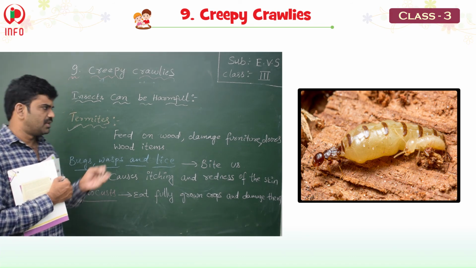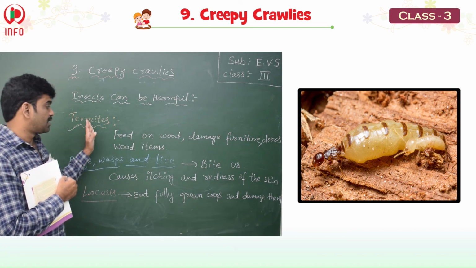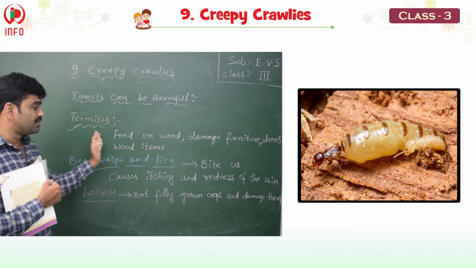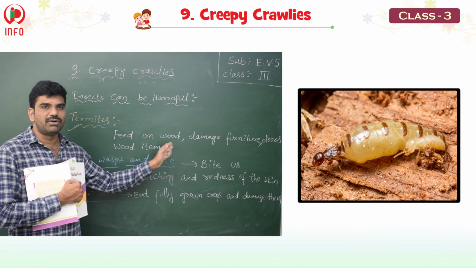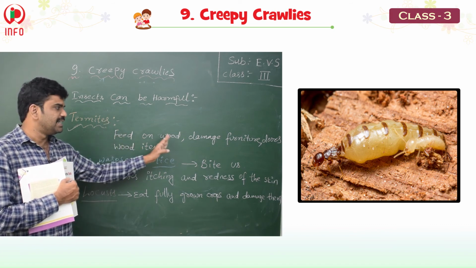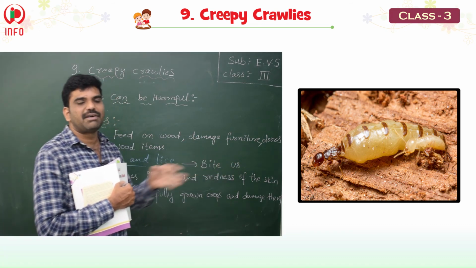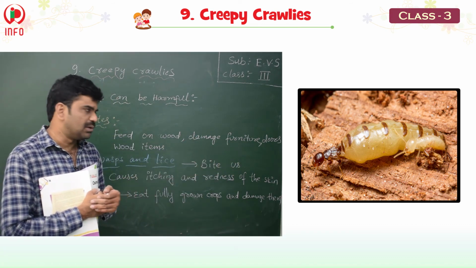These are usually white in color, or some are brown in color. These are called termites. What will these termites do? They feed on wood. We eat food, no? These termites are insects. They eat the wood and damage the furniture, because the furniture is made of wood only.